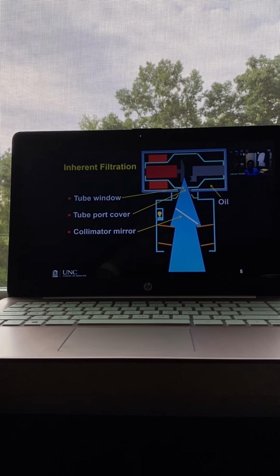All right. So here's your tube window. It's a thinned area of glass. Here's your oil in here. This is the tube port cover, this segment here. And then here's your collimator mirror. So all four of these things are classified as inherent filtration because they are inherent.